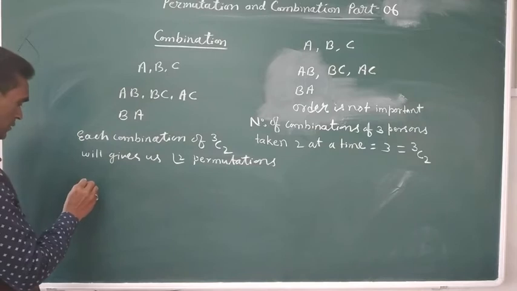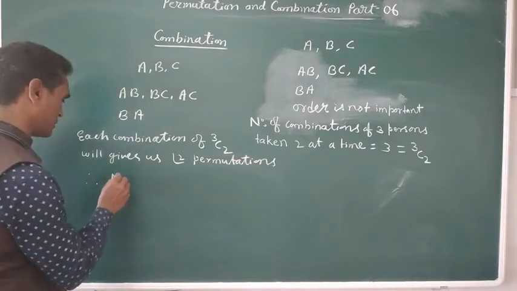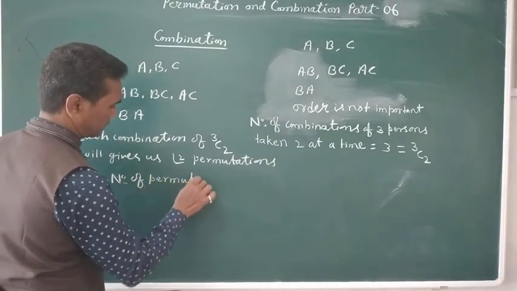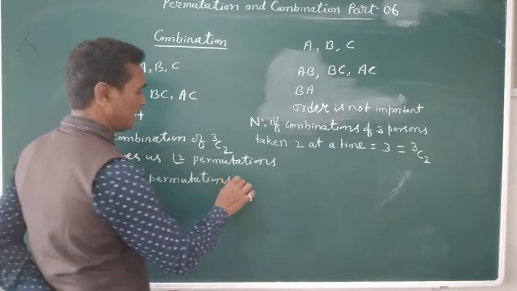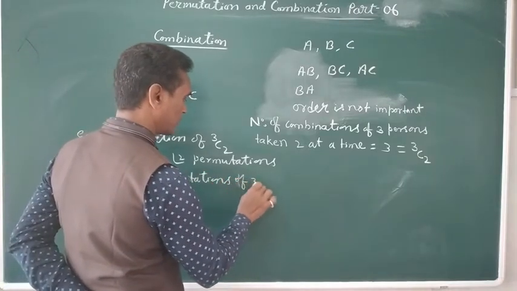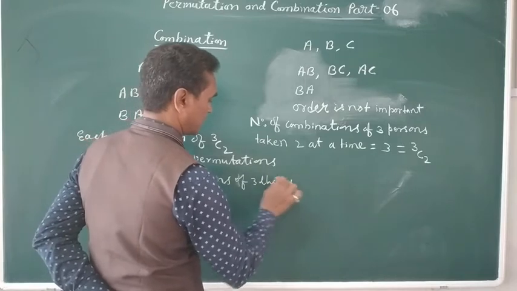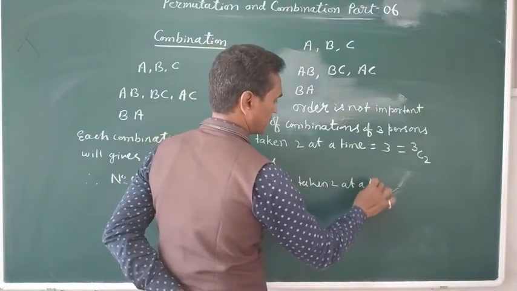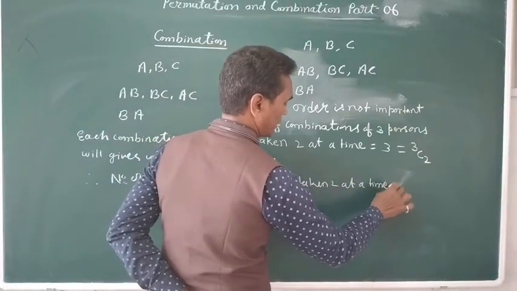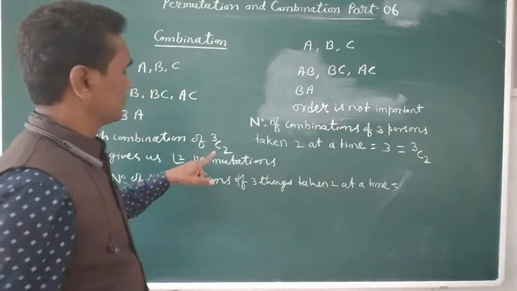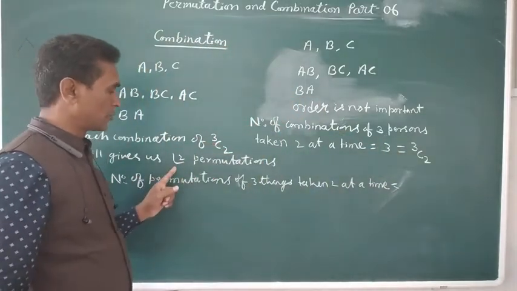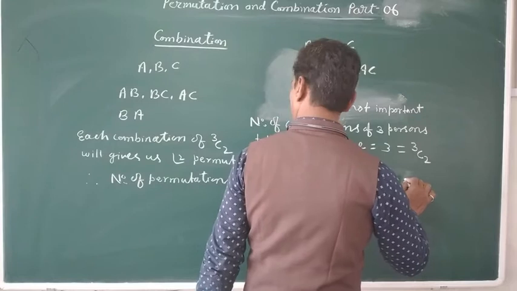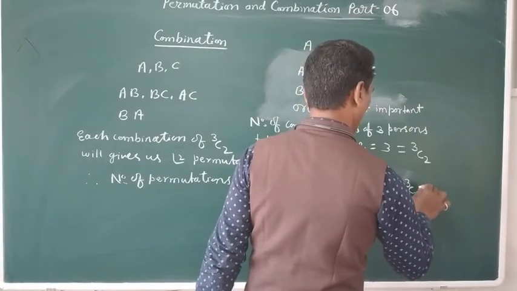So, therefore, the number of permutations of three things taken two at a time is equal to 3C2 into factorial 2, since one combination will give factorial 2 permutations.